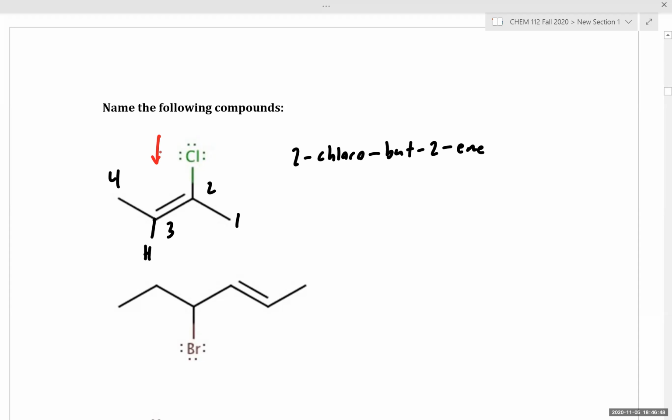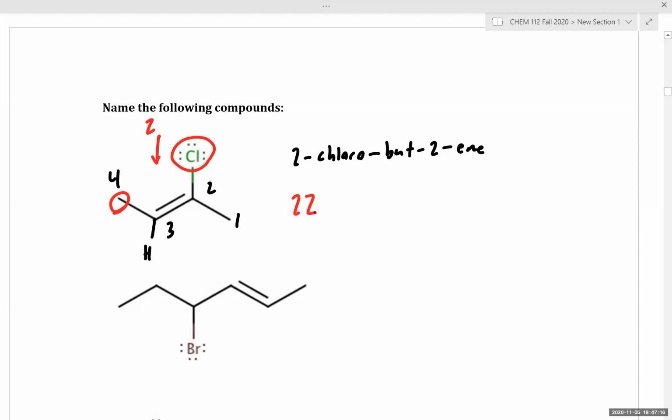We'll talk more about this later, but I want to make sure that if someone is familiar with it, or if someone would like to propose that, this is an important little asterisk that you need to put when naming that we'll expand upon momentarily. So as we see, both of our highest priority substituents are on the same side, so we'd call this a Z alkene.